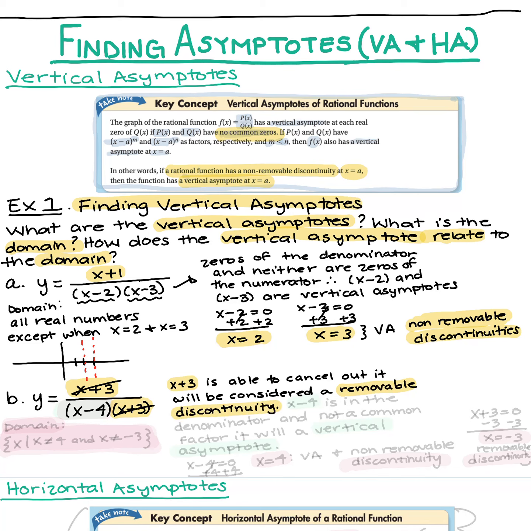Now, was I able to take out this x - 4 right here? No. Since I was not able to take it out and it is in the denominator, then this will be considered a vertical asymptote. So x - 4 is in the denominator and not a common factor.